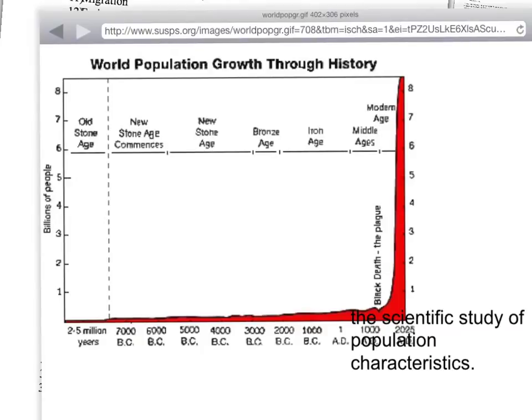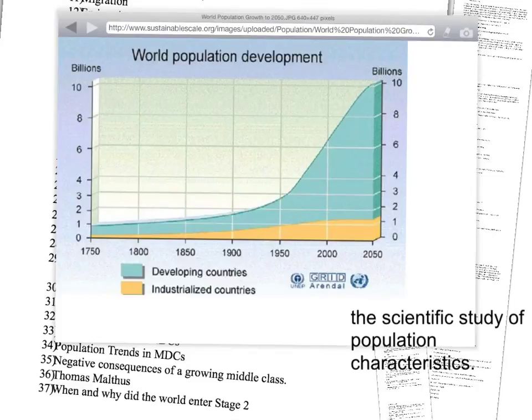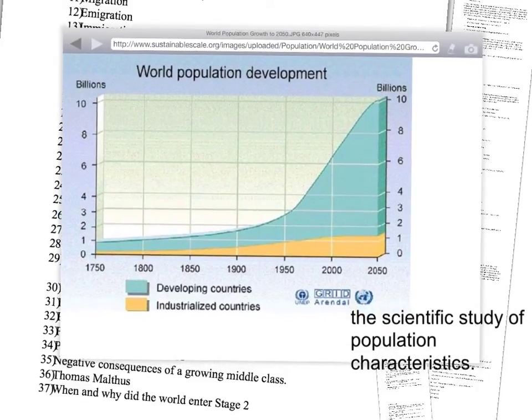I'm definitely going to ask you a question on this, and you're expected to understand that concept. There's another map that we'll take a look at. This map shows the world population from 1750 and projects into the future to 2050.